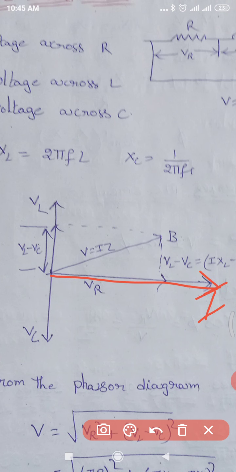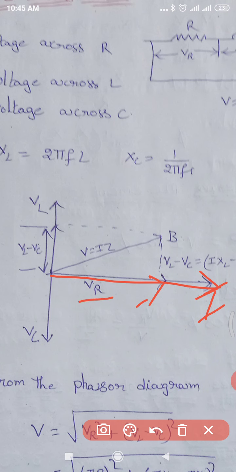Next we have to draw VR, the voltage across the resistor. Already we have seen in previous classes that when a resistor is present, the voltage is in phase with the current, that means in the same direction. So this is the VR.